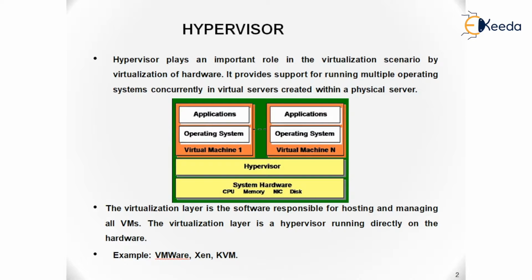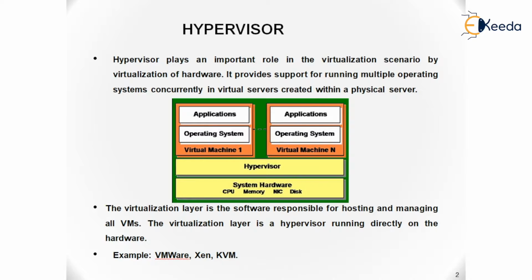A hypervisor plays an important role in the virtualization scenario by virtualization of hardware. It provides support for running multiple operating systems concurrently in virtual servers created within a physical server.